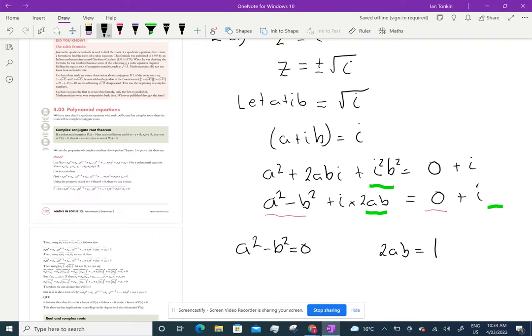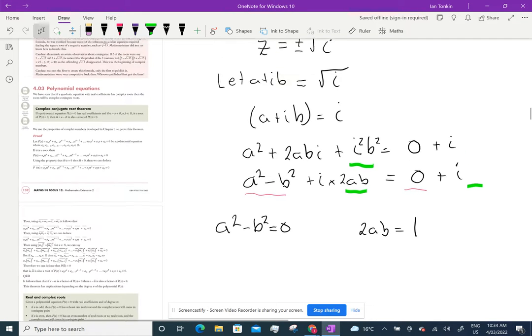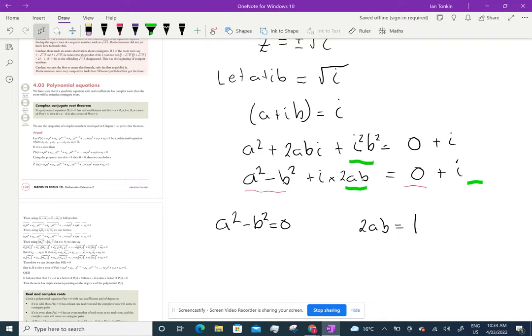Now, we also know another thing. We know that for this complex number, that a squared plus b squared equals the modulus, and the modulus is 0 squared plus 1 squared square rooted. So the square root, I'm going to write this out even though I know that it's just 1, equals 1.